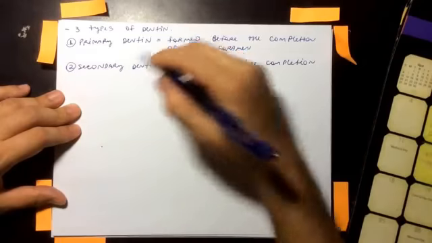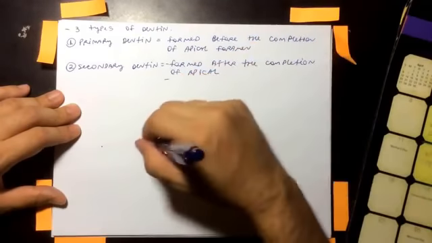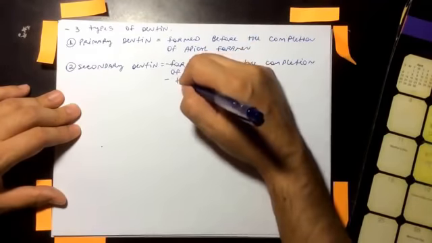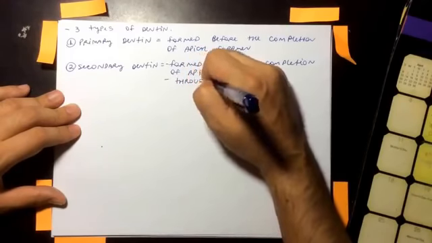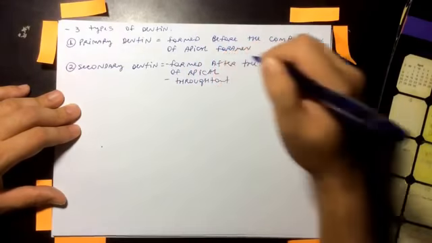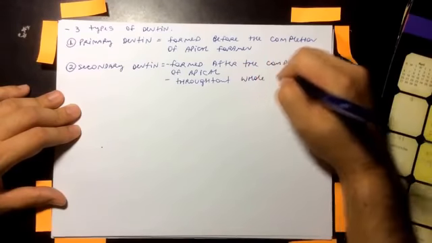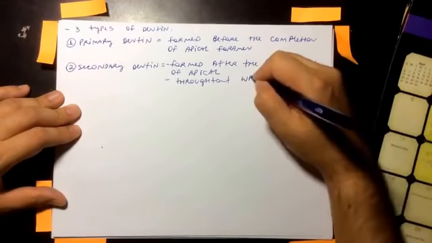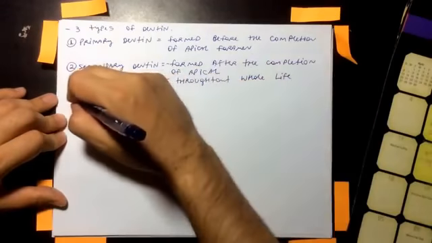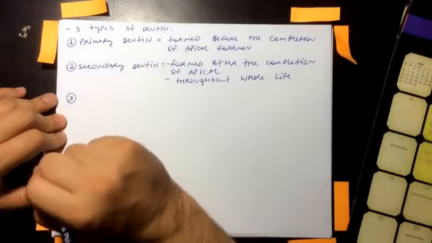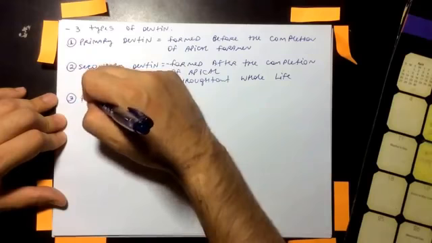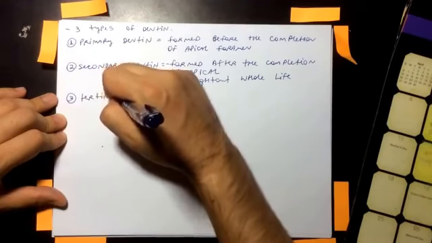And formation of secondary dentin occurs throughout your whole life, okay? But then there is a third type of dentin, which we're gonna call tertiary.